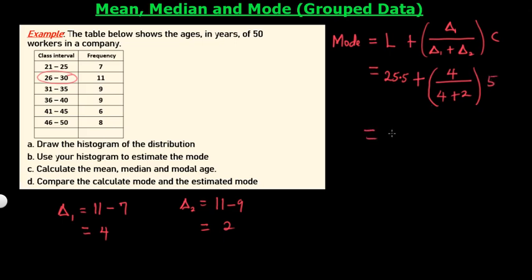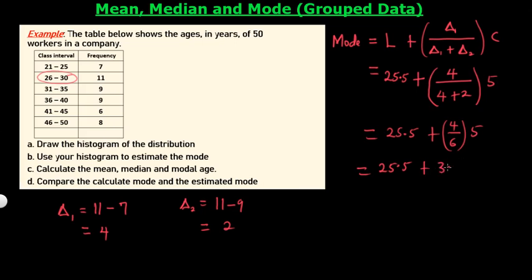So going by that, we have it to be 25.5 plus, we look at this, that's 4 over 6 to be multiplied by 5. So doing so, this becomes 25.5 plus 20 over 6.